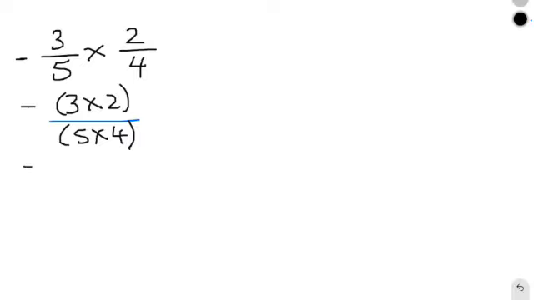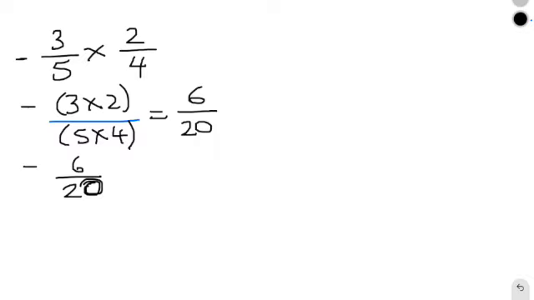Once we do that, we say 3 times 2 is equal to 6, and 5 times 4 is equal to 20. So the answer to this problem would be 6 over 20.